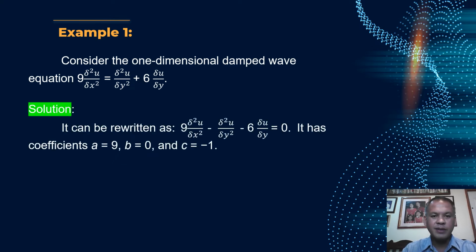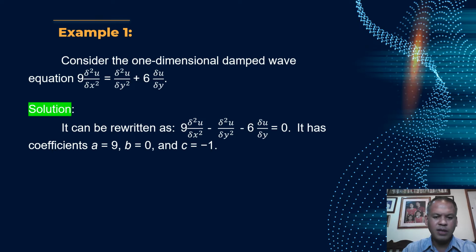For the solution, it can be written as 9 del squared u over del x squared minus del squared u over del y squared minus 6 del u over del y equals 0. It has coefficients a equals 9, b equals 0, and c equals -1.